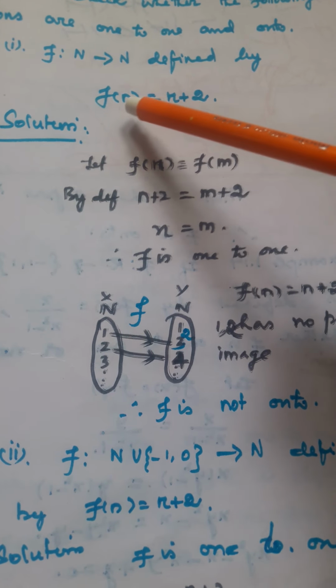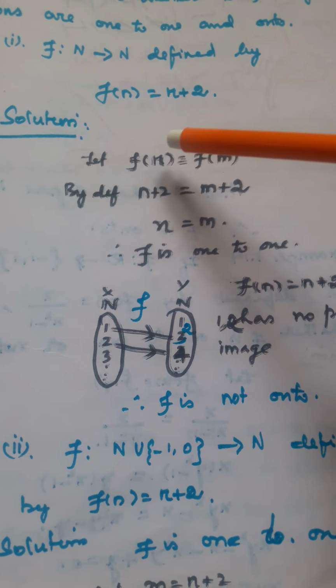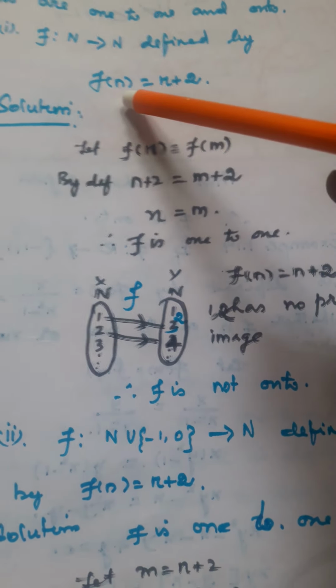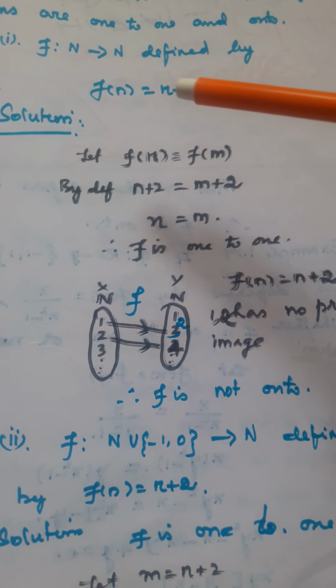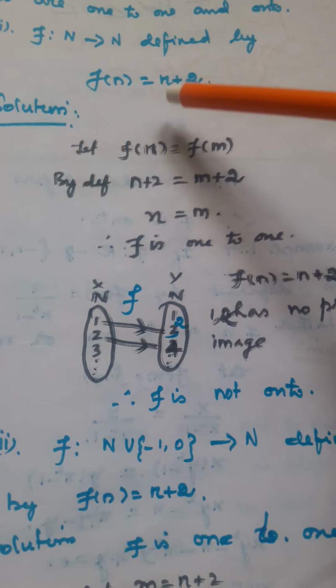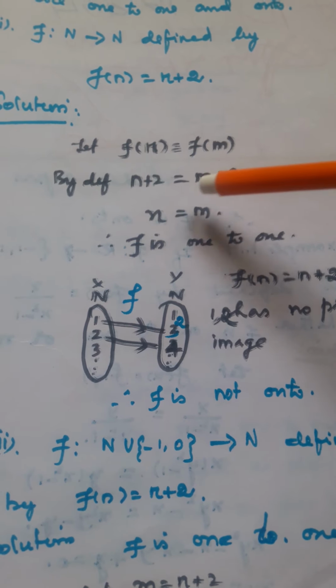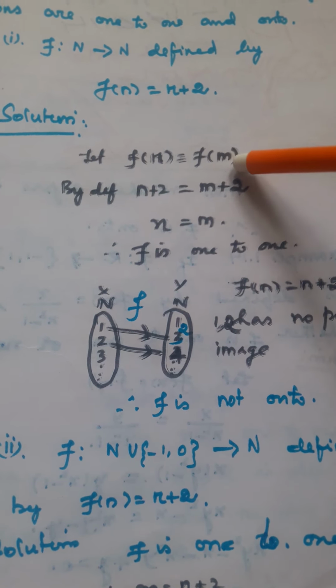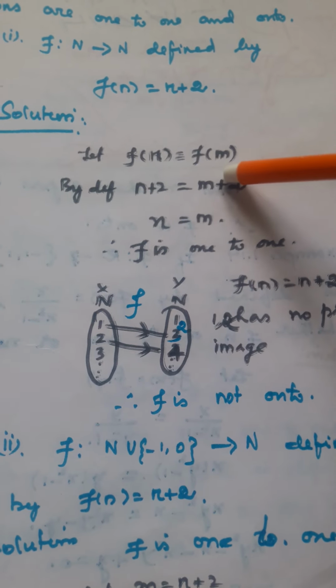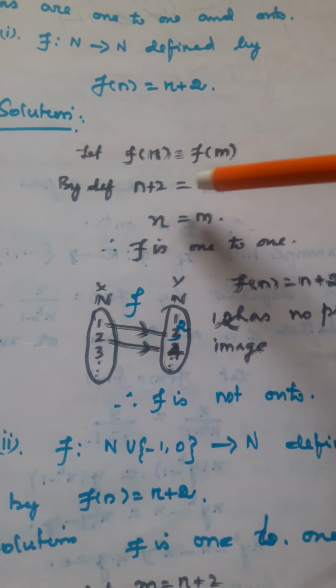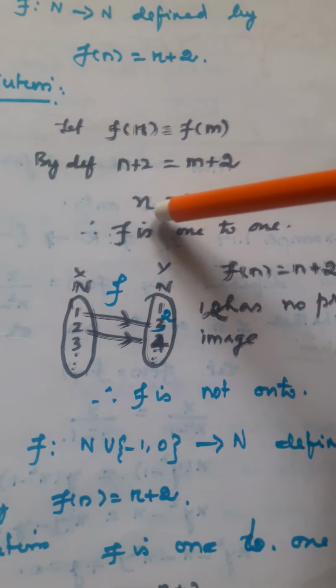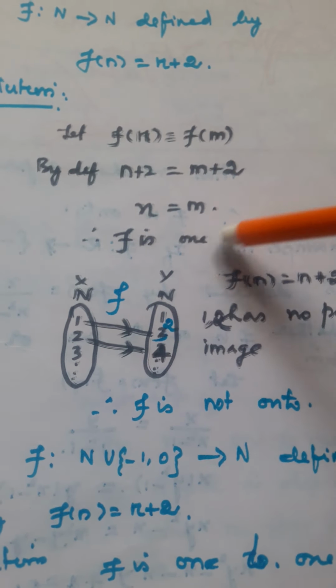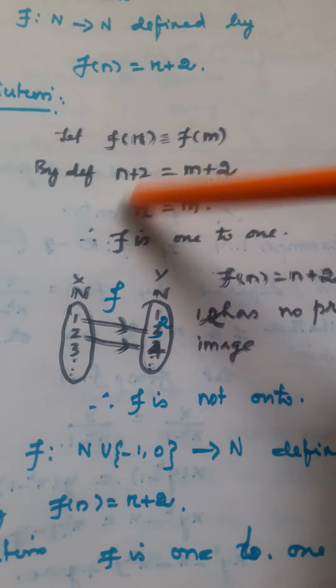If your question is in terms of n and m, you take n and m; in terms of x and y, you take x and y. So f of n is n plus 2 and f of m is m plus 2. Whatever letter you substitute, that is your function. So 2 cancels, you will get n equal to m, therefore f is one-to-one. This is the condition for one-to-one.